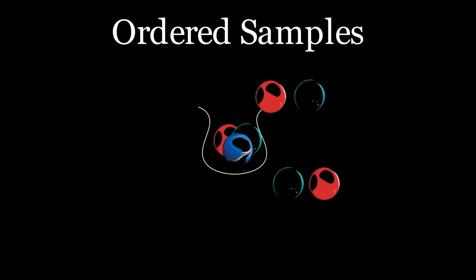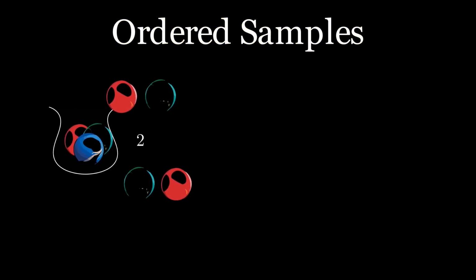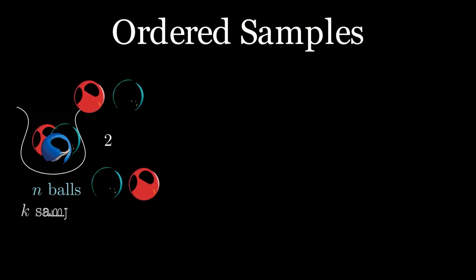This means the order in which the balls are chosen matters, and these would be 2 separate outcomes. This is called ordered samples. If we generalize this to n balls and k samples, then by the multiplication rule, we will have n factorial divided by n minus k factorial possible outcomes.